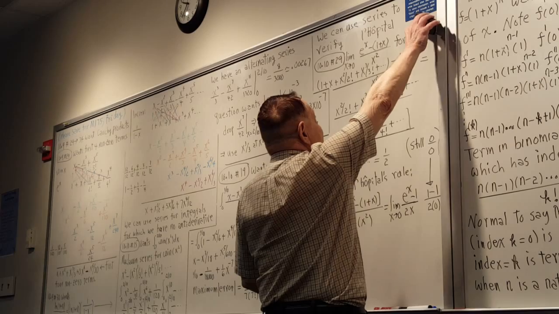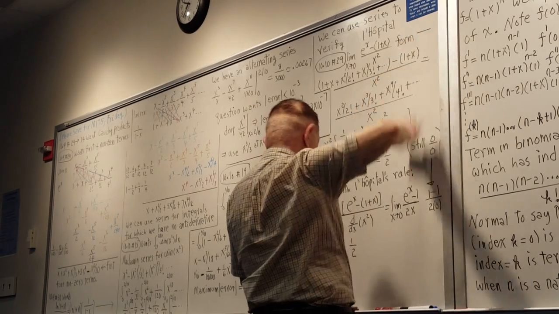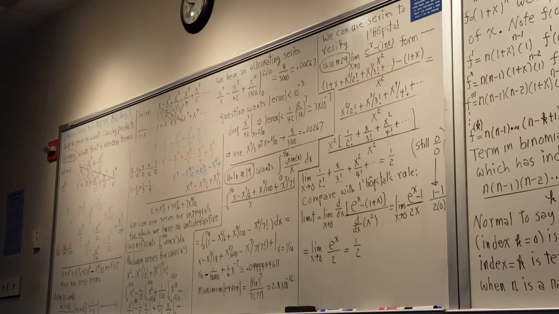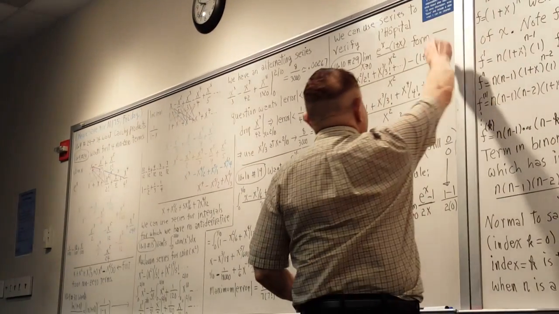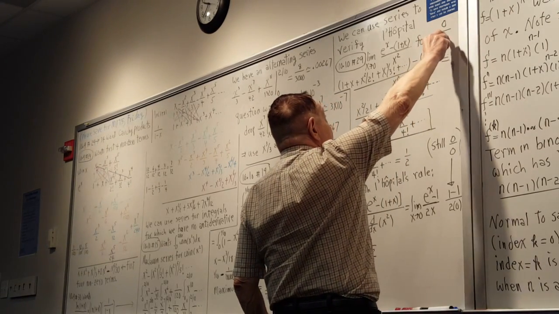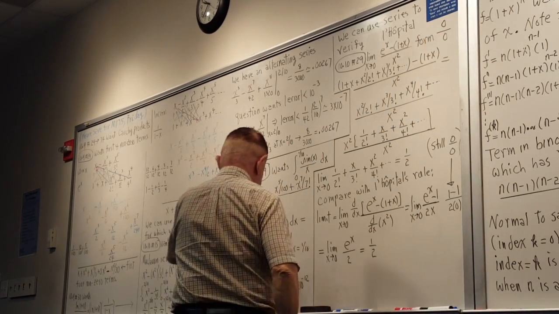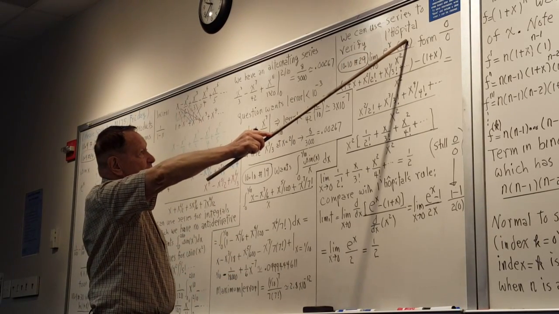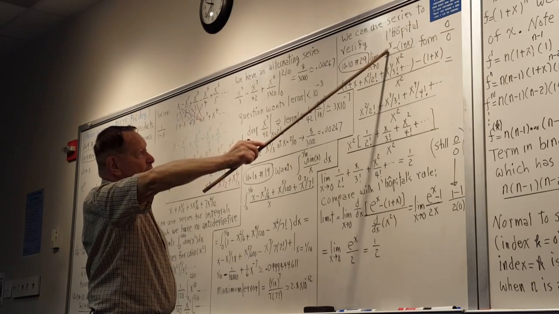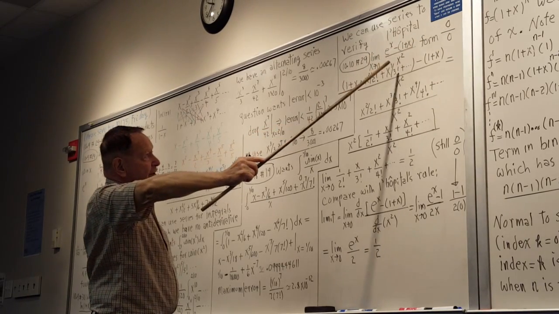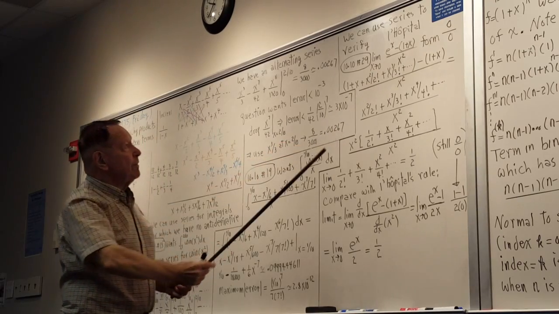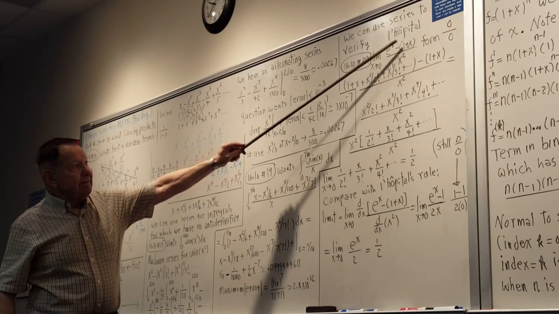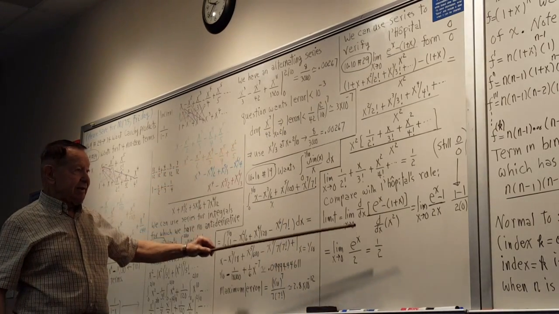It's actually the form 0 over 0, but that's an indeterminate form already. You notice e to the 0 is 1, and if you put a 0 there, that's gone. Then you have 1 minus 1, which is 0, and over here you have 0 squared. So you could get the value with L'Hopital's rule by doing the derivatives.